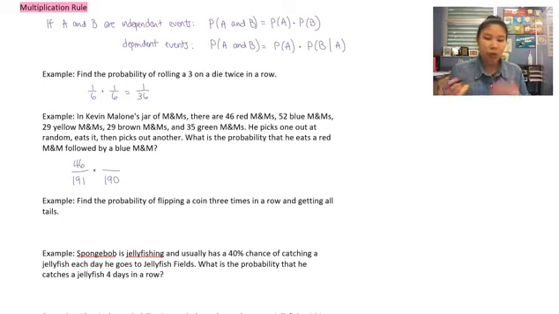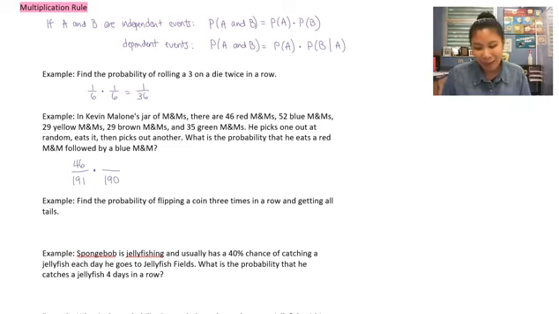Okay, so dependent just means that the second probability is going to change. The denominator is now 190 instead of 191, but really that's all that changes when we're dealing with independent or dependent probabilities, so it's not that bad.